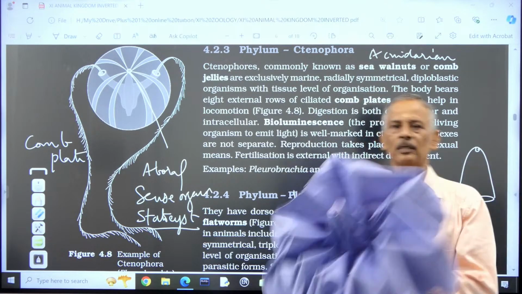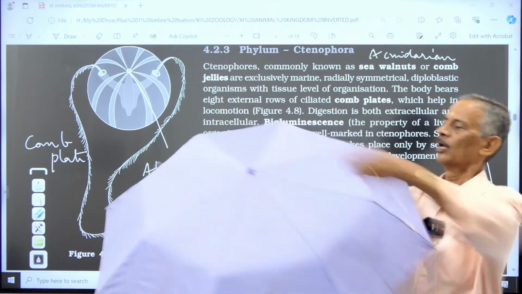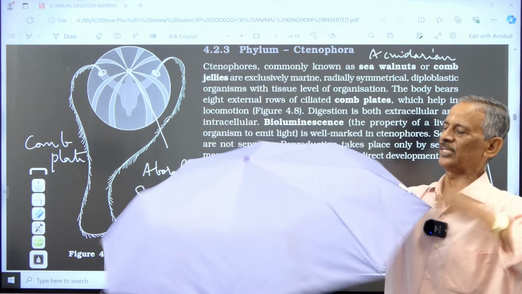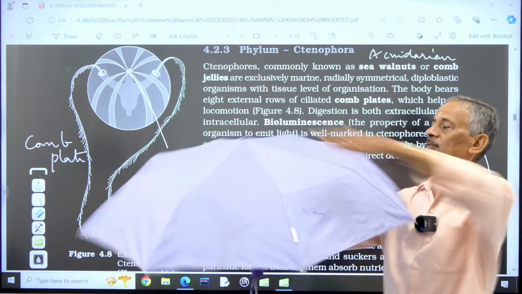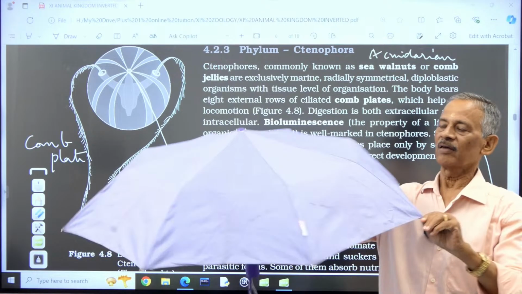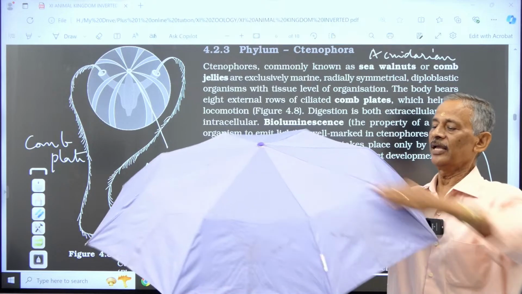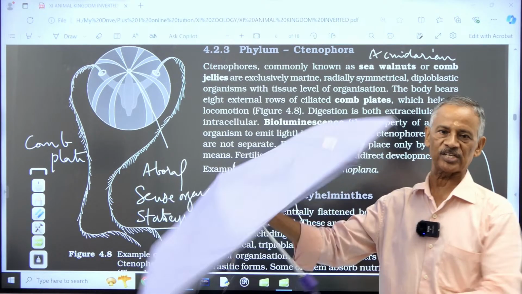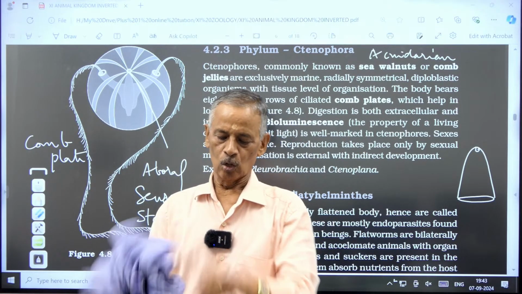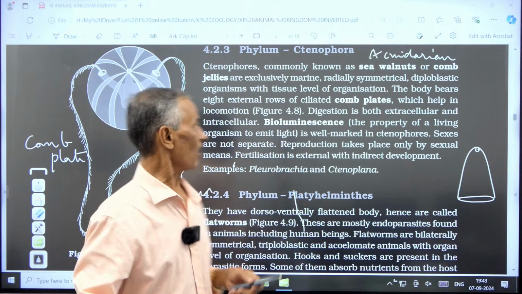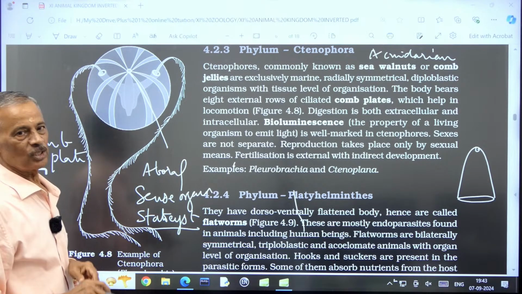Okay. Then, from this aboral sense organ, you can see 8 ribs. These 8 ribs seem to run up to the margin of the umbrella, don't they? Exactly like that, you have 8 rows of special structures running from the aboral sense organ to the margin of the umbrella.